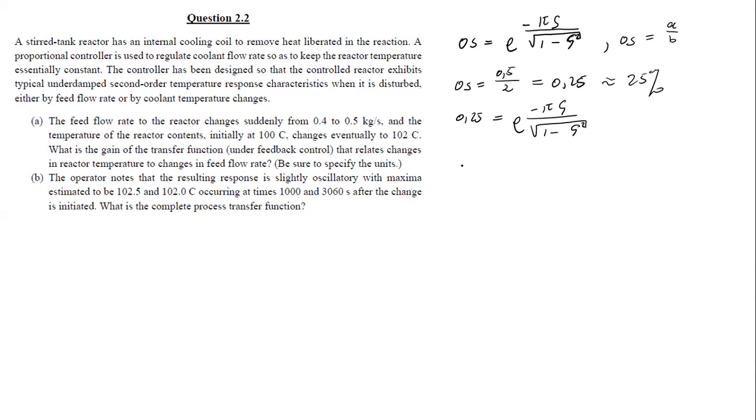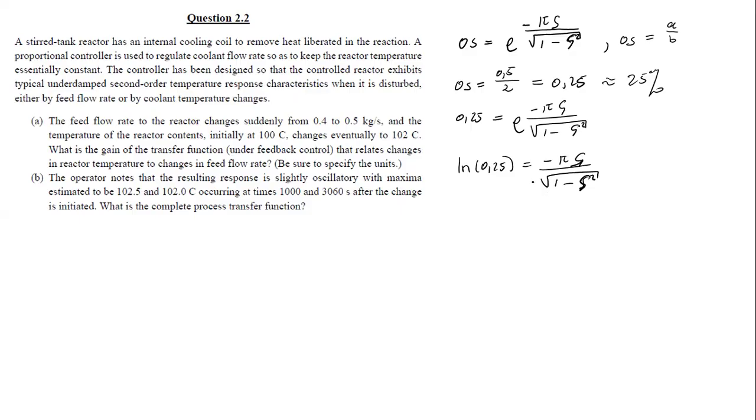Then introduce ln on both sides. So here I'm going to have ln of 0.25 equal to negative pi times the damping factor, divided by the root of 1 minus this to the power of 2. And now we can see that out of this equation, we have one unknown.